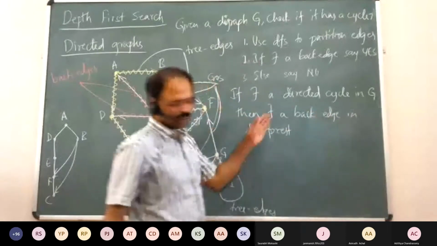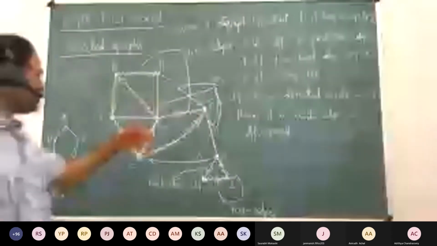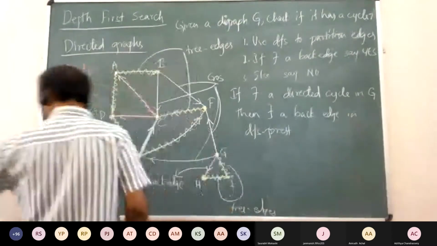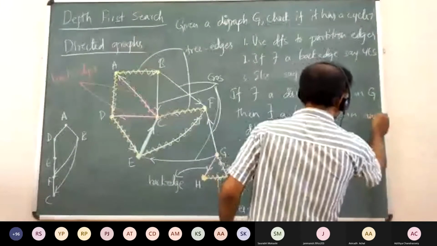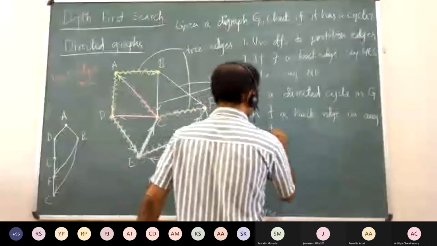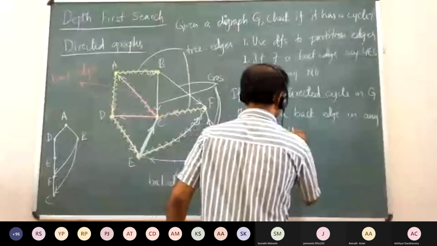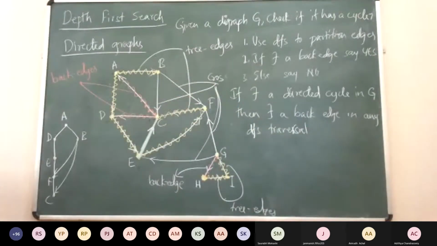When I say that, basically, between two nodes which have an ancestor-descendant relationship, there exists a back edge with respect to the DFS traversal, in say any DFS traversal. Notice that we are telling this about any DFS traversal. Whatever DFS traversal you take, there will always be a back edge once there is a directed cycle in G. So how do we do this?